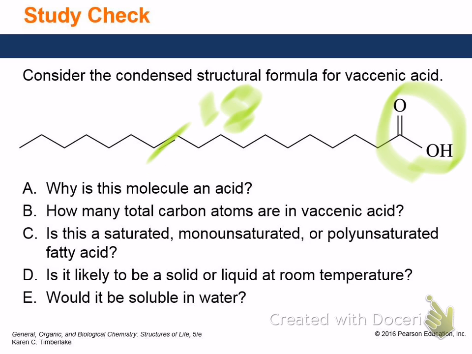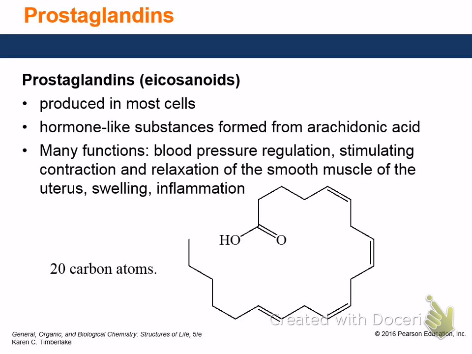It's this double bond with the groups going opposite ways across the double bond. Soluble in water or not? Not. None of them are soluble unless they're the salt form where the H has been removed over here and you have a minus sign and some metal ion with it, okay?